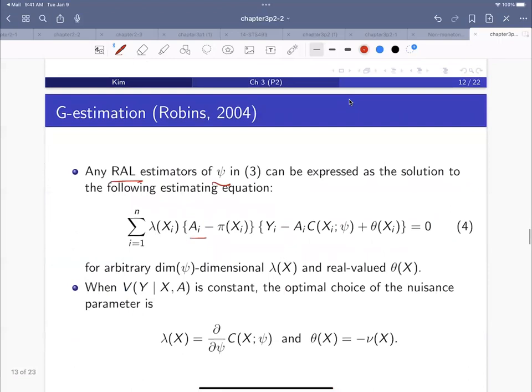So A minus pi(x), and then Y minus A times psi, and we're going to almost always use this choice. But the point is that if you use this one, this nu is non-parametric, right?